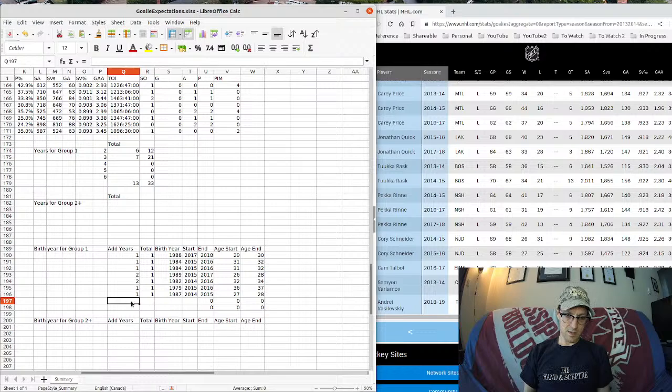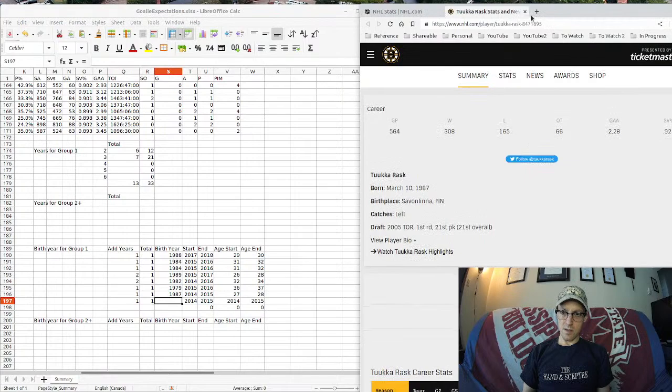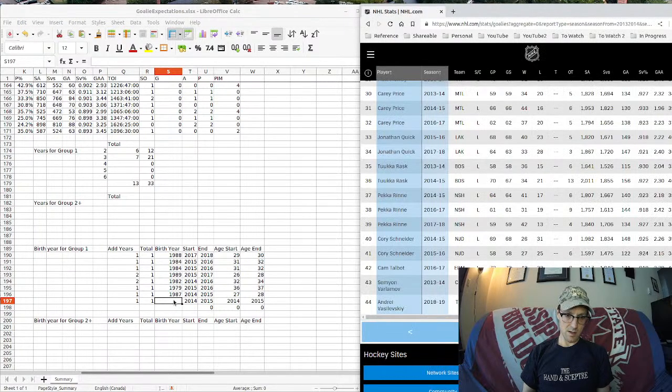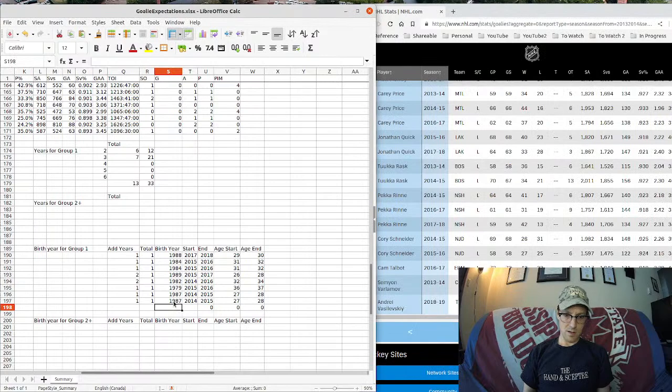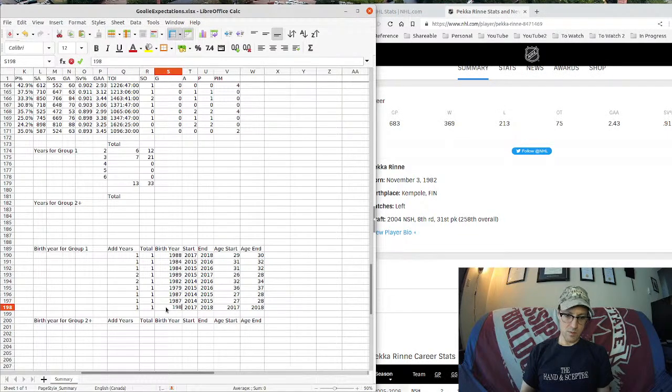Rask is 1/1/2014. Born in 87. Rinne, 1/1/2017. 82.